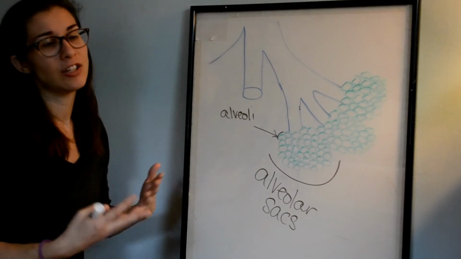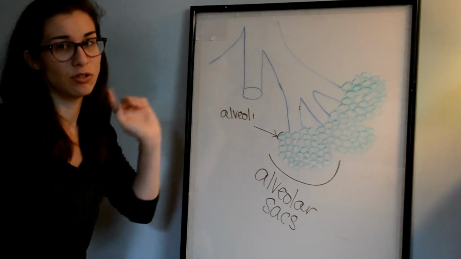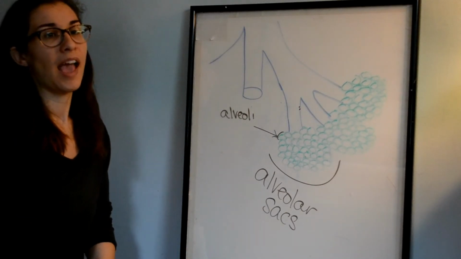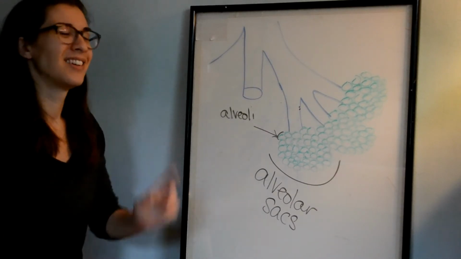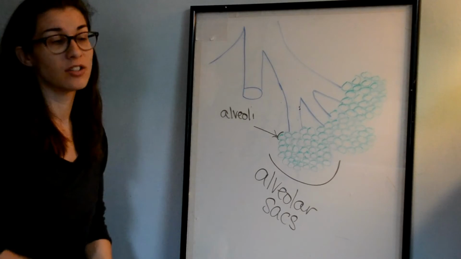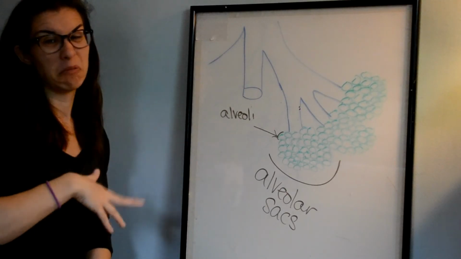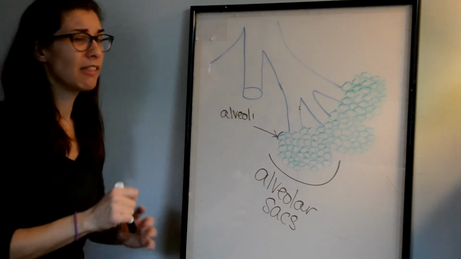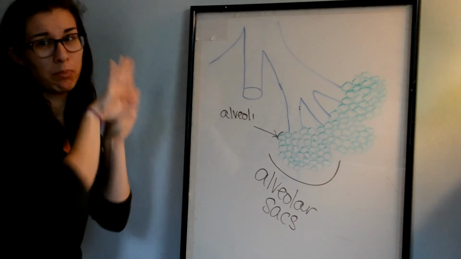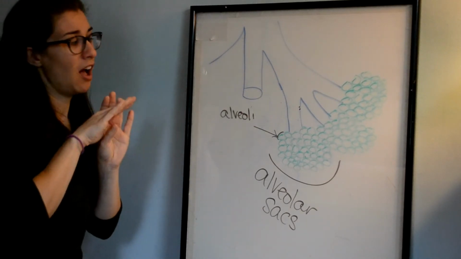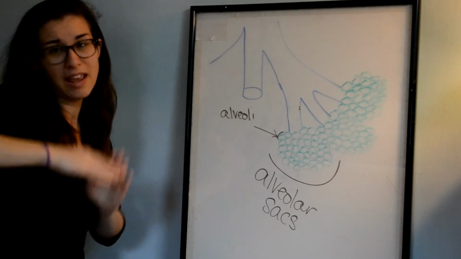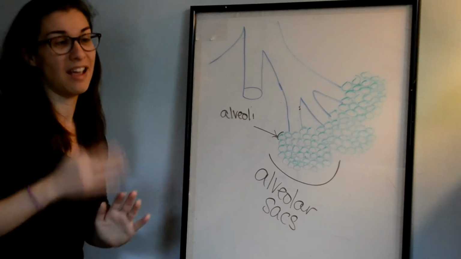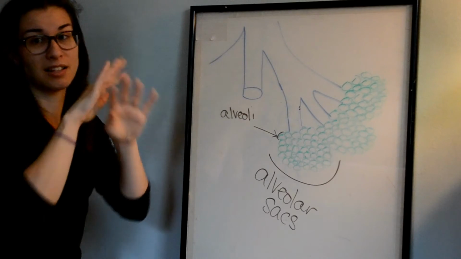The macrophages eat all of the dust and debris that actually make it down to this level. They keep it nice and clean, or they try to keep it nice and clean. And fun little fact, not so much fun, but with smokers, all of that sooty, old, black, yucky stuff from smoking that gets deep down into your lungs, the macrophages basically push them to the side of the alveoli way far to the corner, and they just continue to move all that black stuff to the corner, out of the way, so the inside surface of the alveoli is nice and clear.